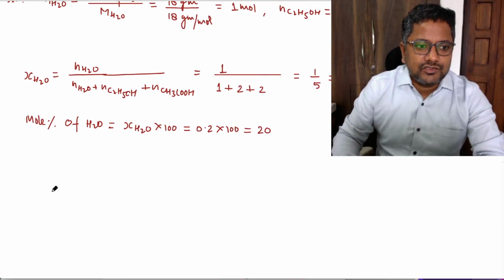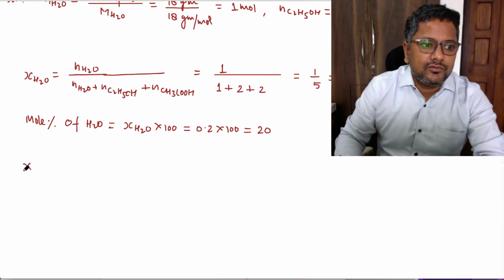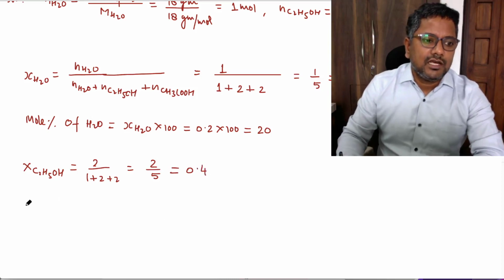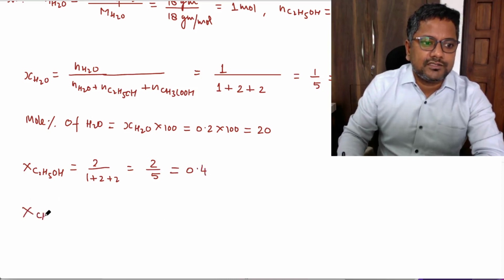Now next, mole fraction of ethyl alcohol, C2H5OH, is equal to 2 by 1 plus 2 plus 2. This is equal to 2 by 5. So this is equal to 0.4, right? And mole fraction of acetic acid, CH3COOH, is equal to 2 by 5 also.